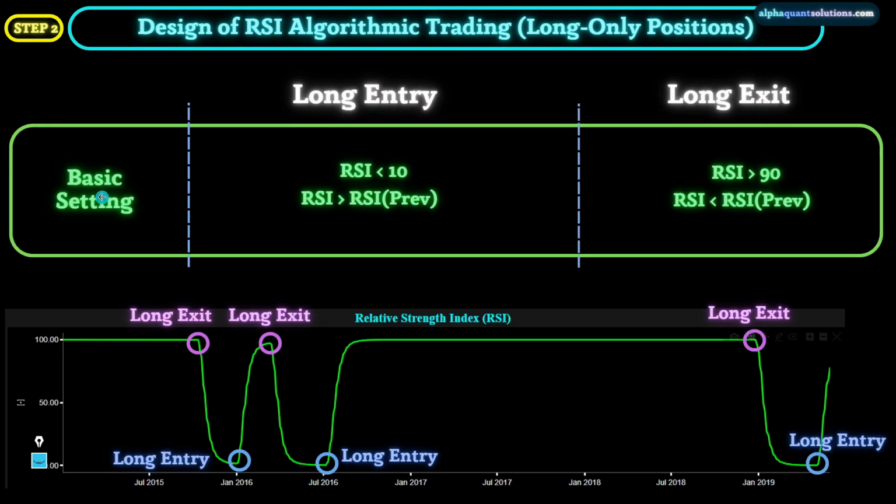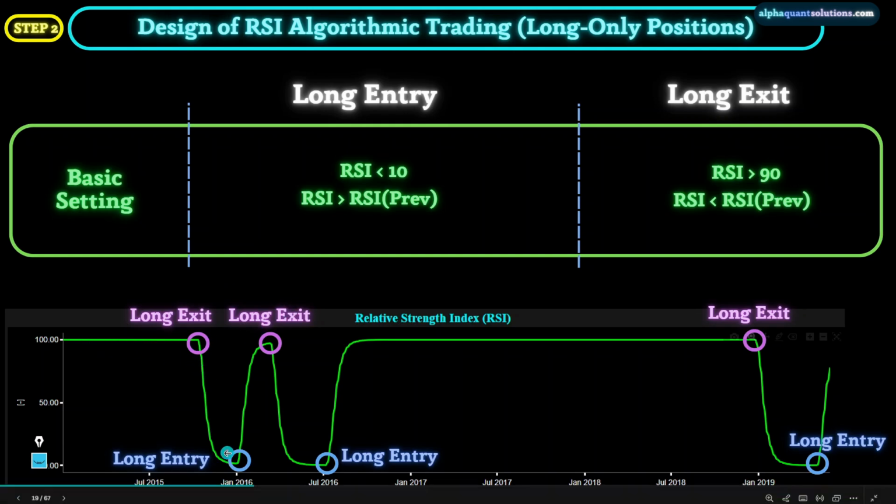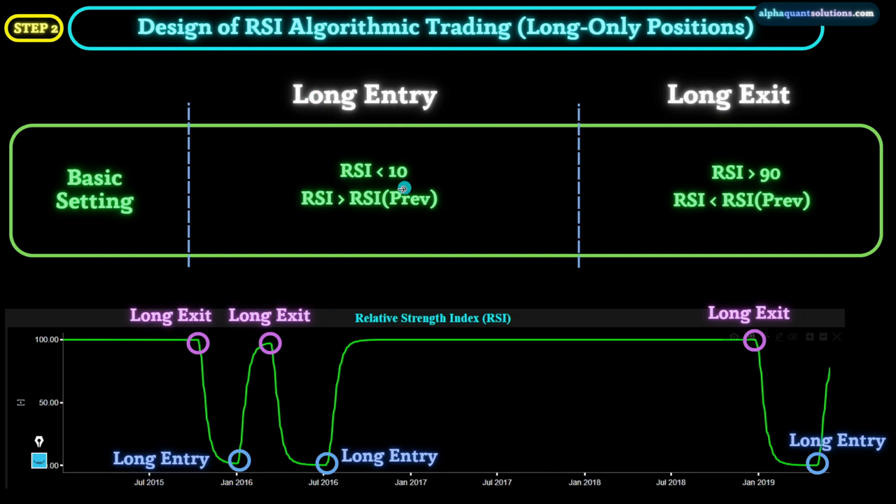The second step is actually the basic setting of the algorithm. In this case, how to identify the long entry and long exit positions. For that, we will use the RSI of the filtered signal. For the long entry, we said we want the RSI to be below 10.